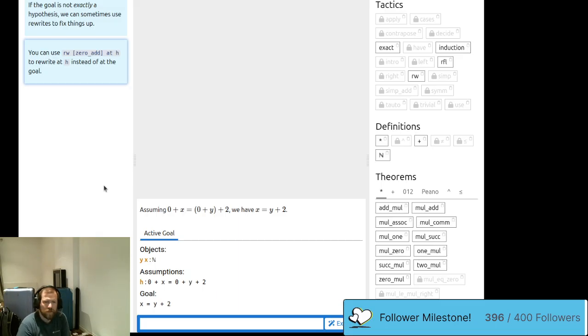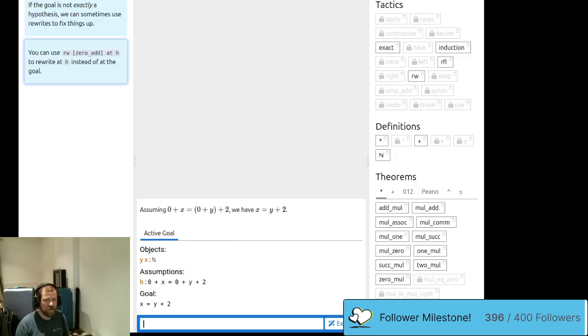So in this particular case, we have an assumption that x plus 0 is equal to y plus 0 plus 2. And the goal is that we have x equals y plus 2. So we want to take this and say, all right, let's, oh, I see.